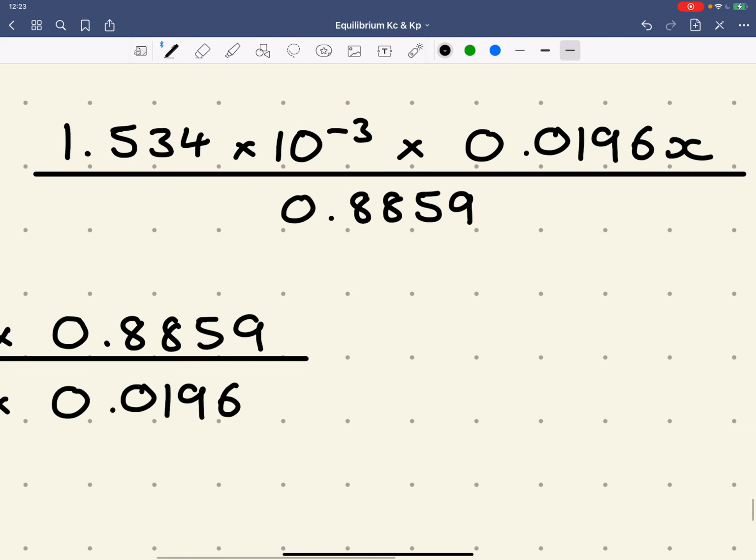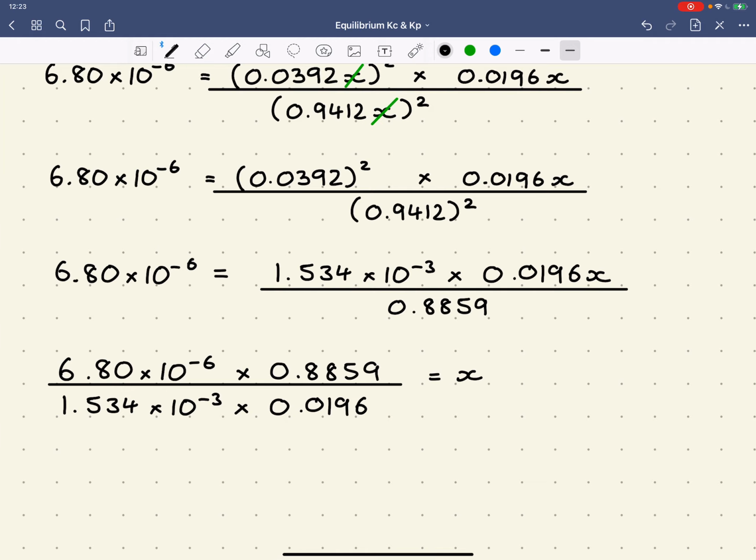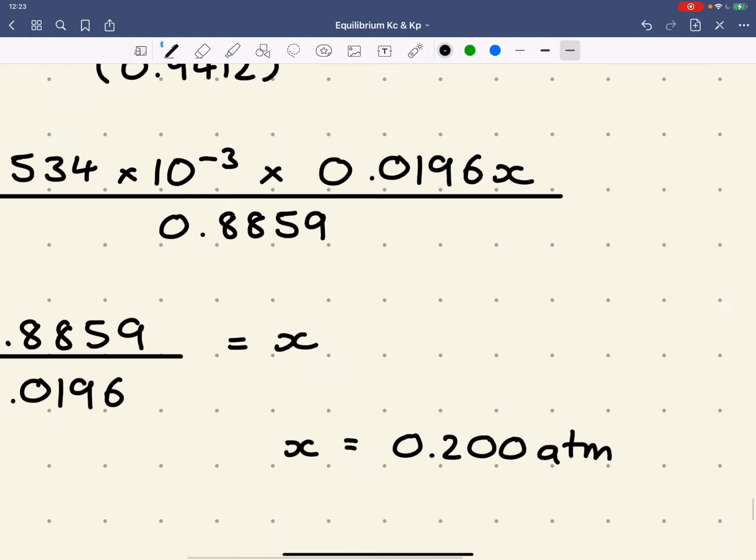And that is equal to my x value. And when you do that calculation, x should equal 0.200 atmospheres.